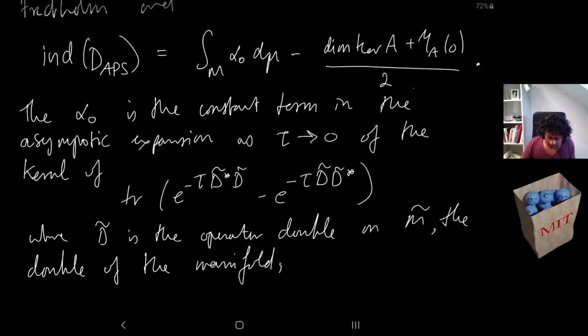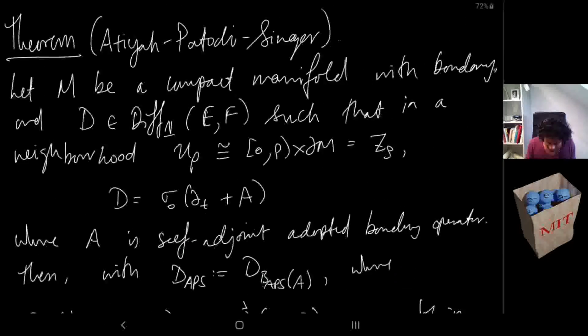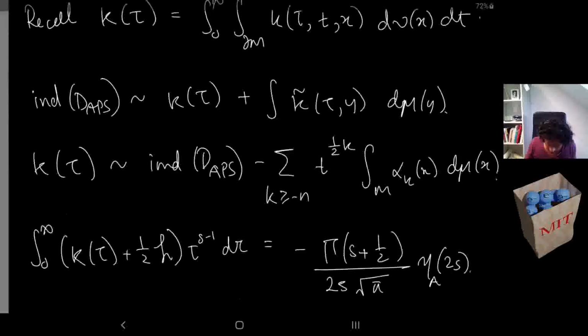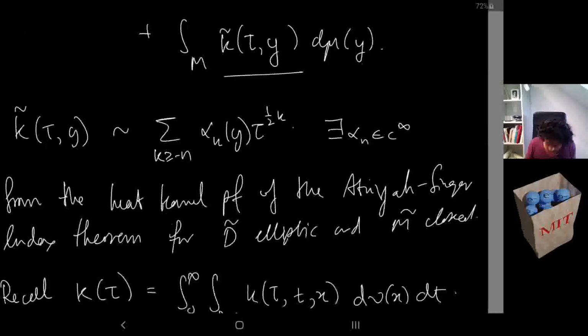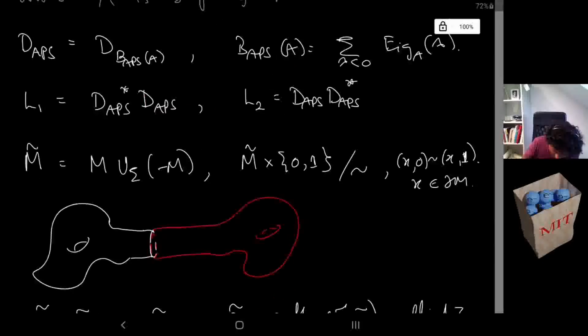No, the constant term. It's the constant term in the asymptotic expansion. So it's constant. It's the tau that's constant. I mean, for the value of tau 0, right? So this is still an integral. The alpha naught takes a value, right? So what does the asymptotic expansion look like? The asymptotic expansion is of the form, oh God.